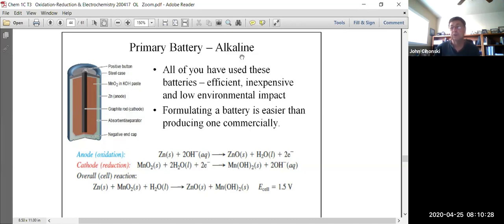This would be your AAA, AA, A through D batteries. And you've all seen these. Now, whenever we've done balancing equations early on, we had a zinc and, no, actually that was an iodine, but zinc and manganese system. And turns out that is a very nice, simple system.